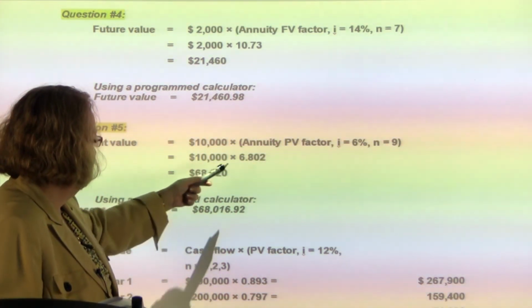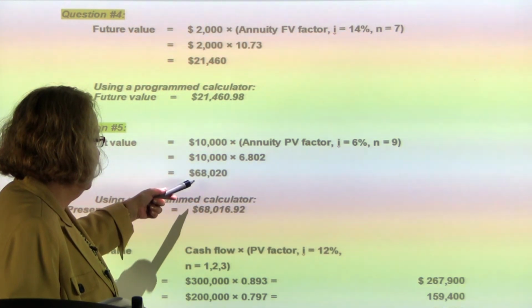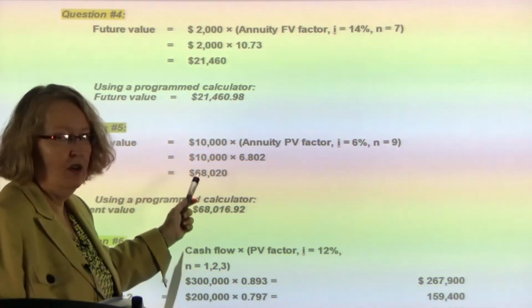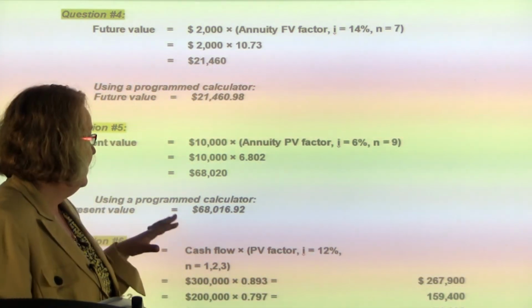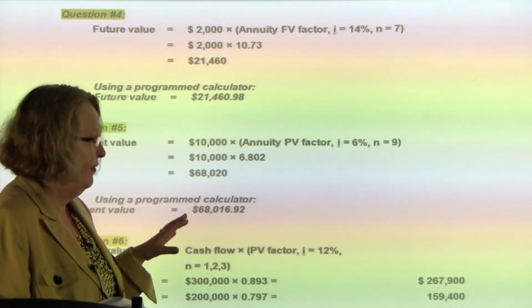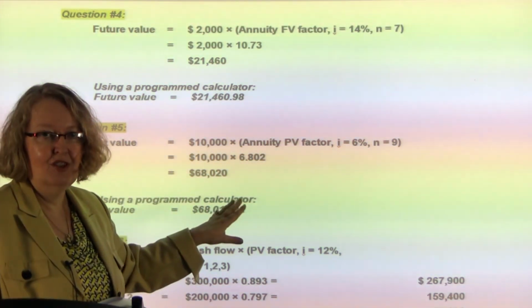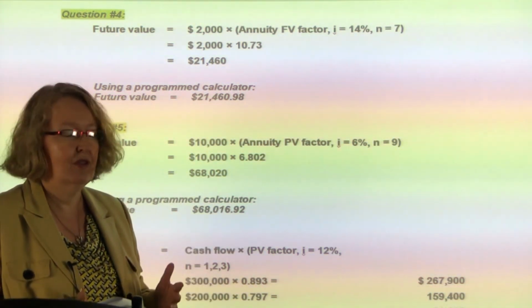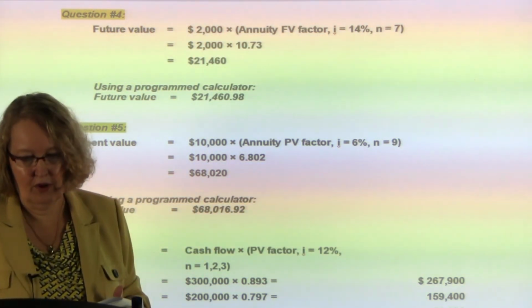You multiply that factor by your 10,000, so it gives you 68,020. So basically, if you want to be able to withdraw 10,000 a year for the next 9 years, you need to have 68,000 and change invested now in order to have enough money to make those annual withdrawals.